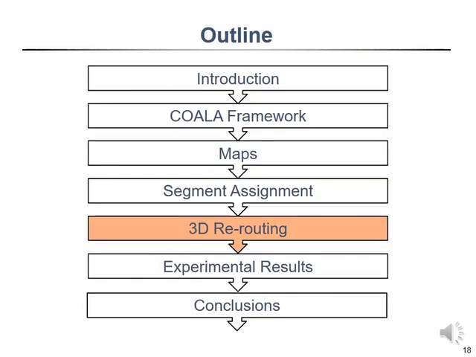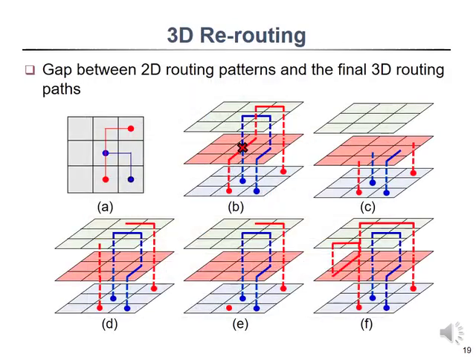The last step of our framework is three-dimensional routing. The reason that overflow may be generated after layer assignment is the gap between two-dimensional global routing and three-dimensional layer assignment result. In two-dimensional routing, every bend of each net may cause unpredictable via demand.